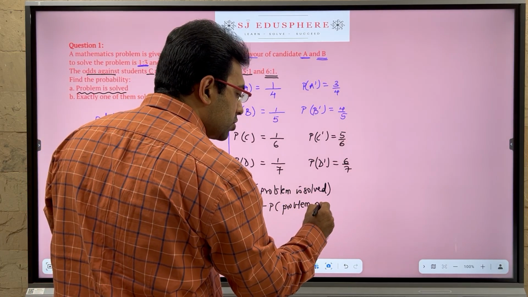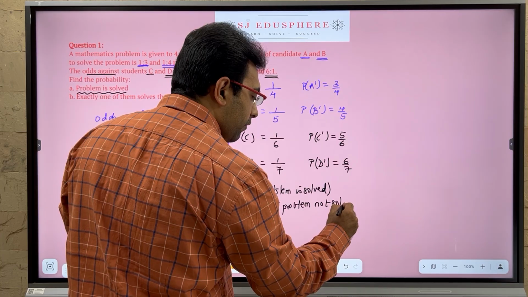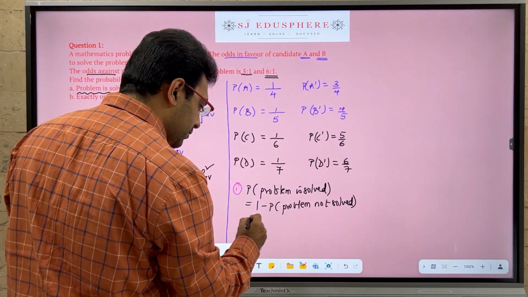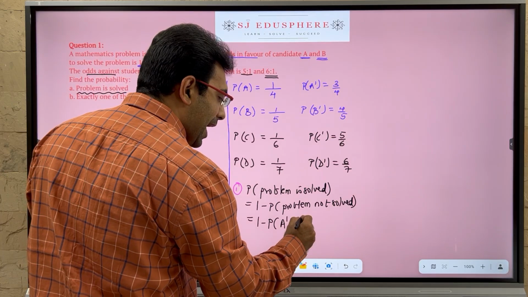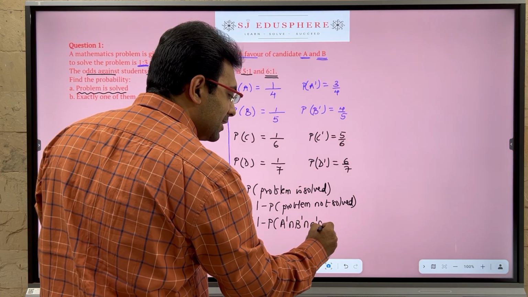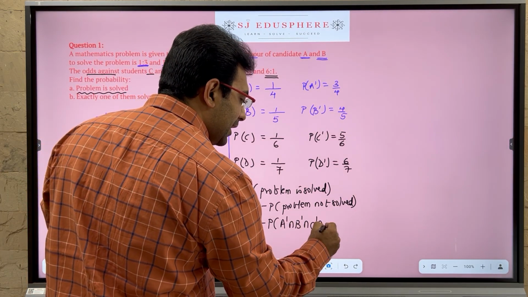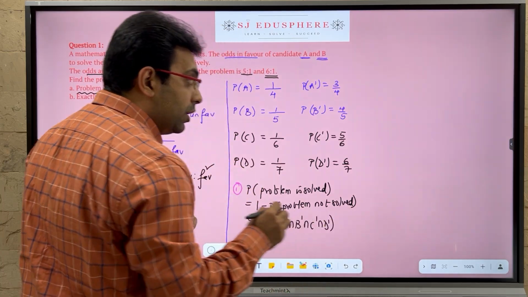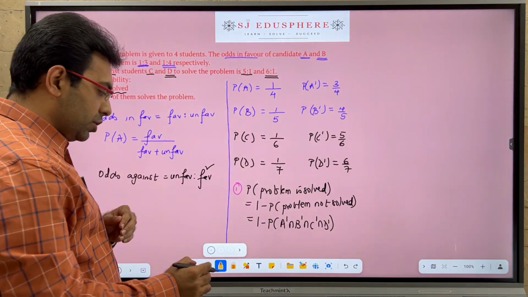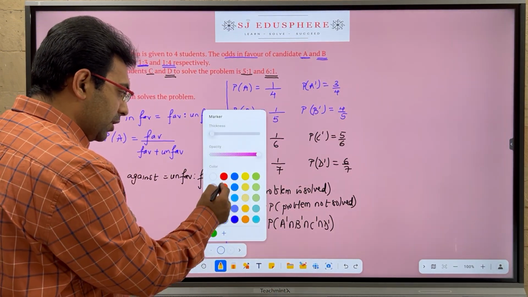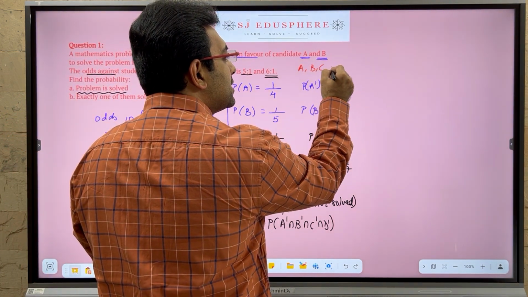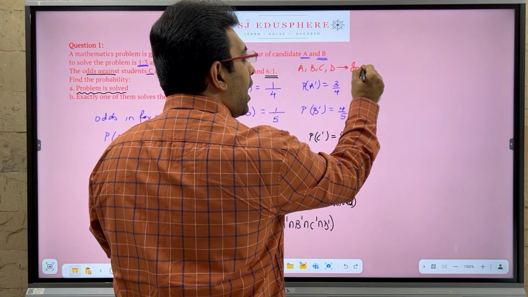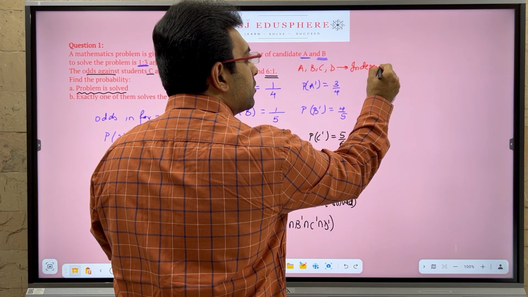Problem not solved. Now, when I say not solved means A does not solve, and B does not solve, and C does not, and D does not. Now, these are different individuals who are solving the sum. So here I say A, B, C, and D are independent.